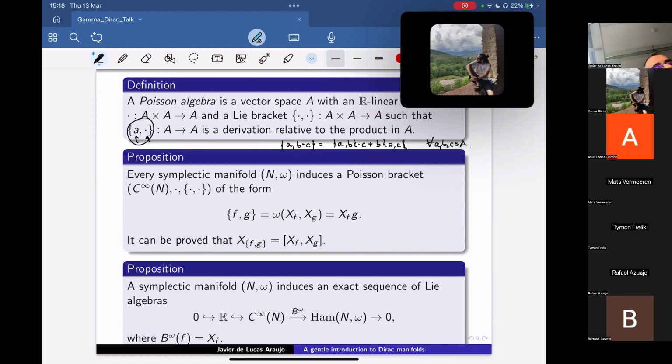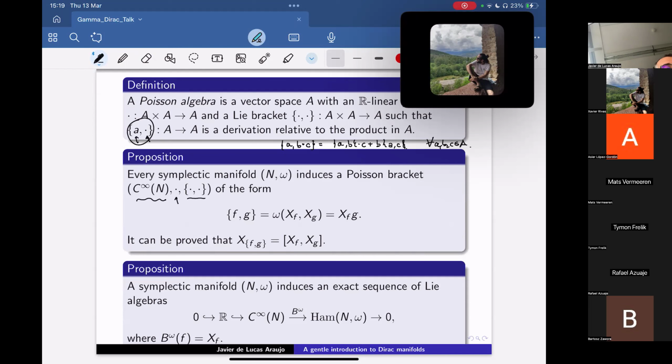The thing is, a Poisson algebra is an algebraic structure, and it appears very naturally when you are dealing with a symplectic manifold, because for every symplectic manifold, the space of functions on the manifold can be endowed with two operations. One is the dot that represents the standard product of functions, that is bilinear, and it's commutative.